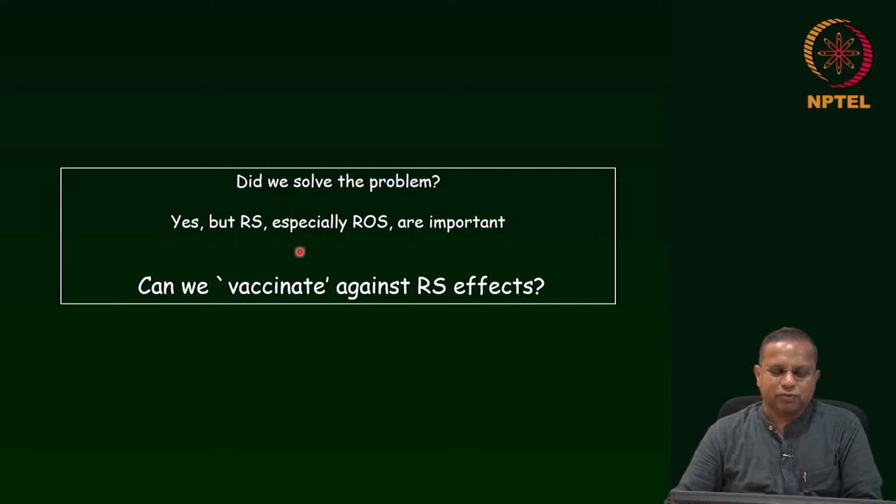Then when we started probing, this was way back in 1995, we realized that we are adding hydrogen peroxide, there is iron in the medium, and you have the classic Fenton reaction that's happening, the reaction between hydrogen peroxide and iron to give you hydroxyl radicals and so on and so forth. And those much more deleterious reactive oxygen species that are generated from hydrogen peroxide could be the reason why the cell concentrations were low.